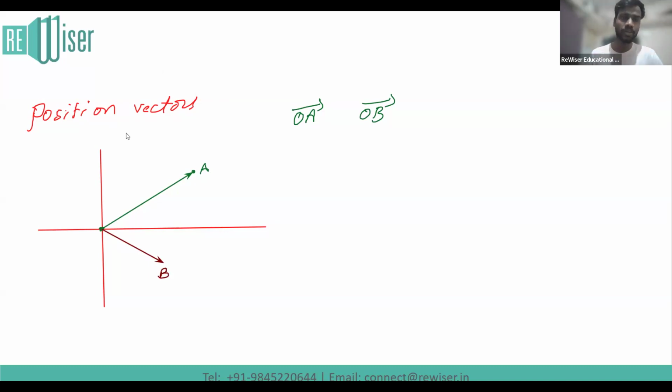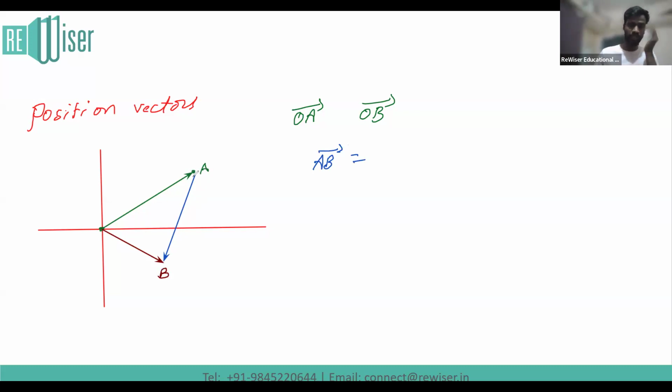And if I talk about adding these two vectors, so if I need to find vector A to B, addition of two vectors graphically is, how can I reach from A to B the other way around?